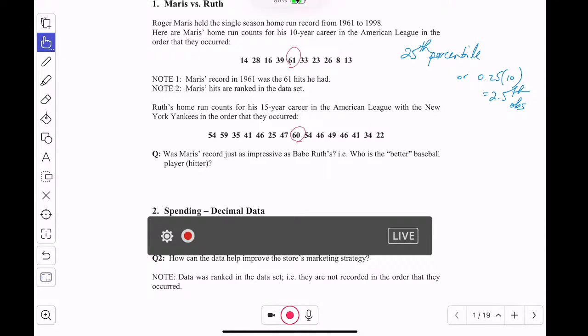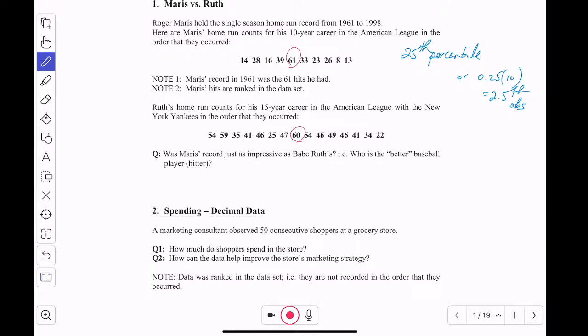I lost connection. Let me check if I lost connection from the live stream. No, we still got a good signal. It's 8 o'clock. I've been lucky. Thank God.